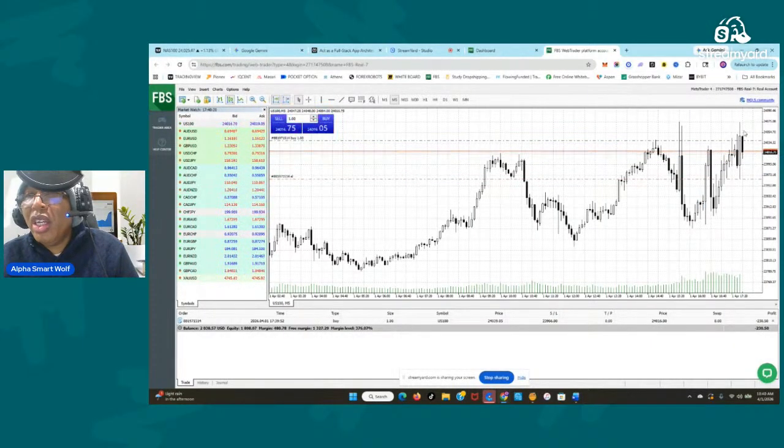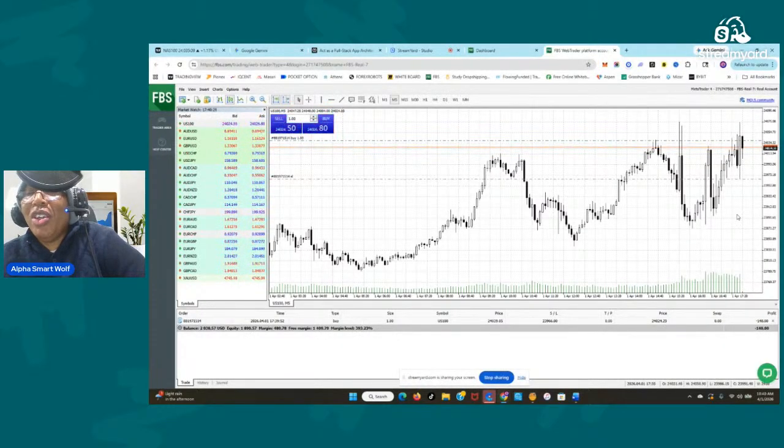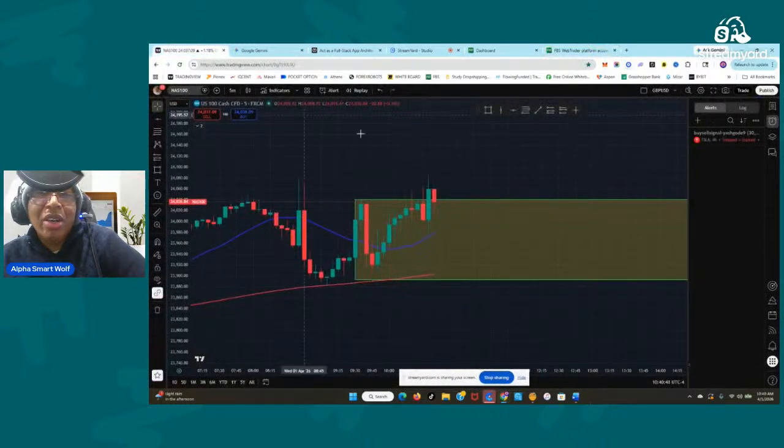We just entered and it came back again, but I know it's going to go up. Okay. Our stop loss is right here. Did we get any breakout? Yeah, it closed above, it came back.